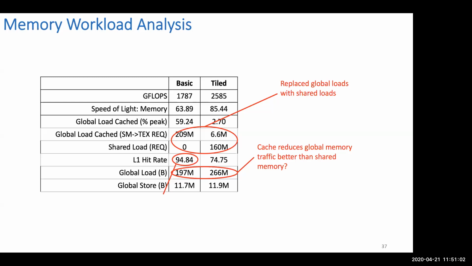But NVIDIA has been working hard over the past few years to improve the capabilities of the caches on the GPUs. What we can see is that 95% of the global memory accesses we make in the global memory matrix multiplication don't even get out of the L1 cache. The L1 cache is the same hardware structure that the shared memory is in.